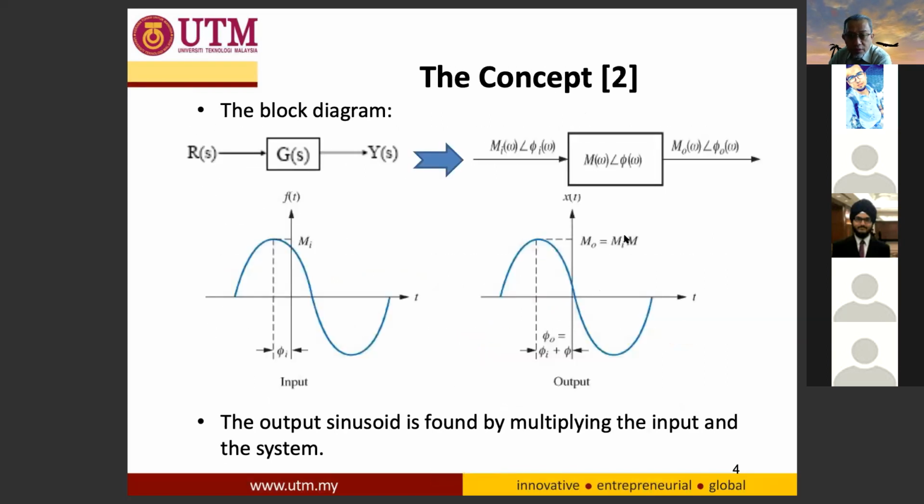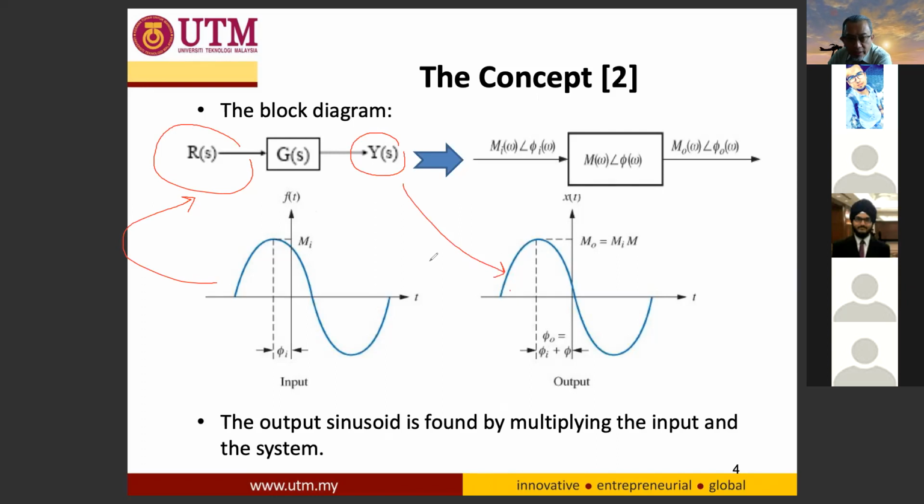So this is the continuing slides of the concepts, where you have the input R, which is the sinusoidal signal, injected to the open loop system, and then this is the output, which is represented by this.